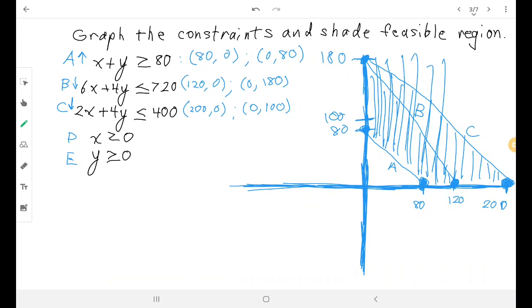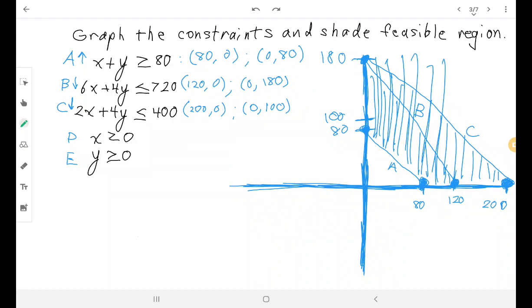Well, our feasible region is our region where all the shading comes together. If we were using a different color for each one, and we had 3 colors, the shaded region that we would worry about would be the new color that we create by combining all 3 colors. Actually all 5 colors, because we're also worried about being in this quadrant here.